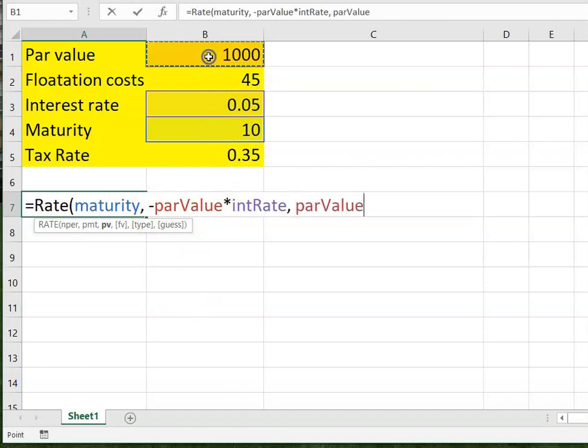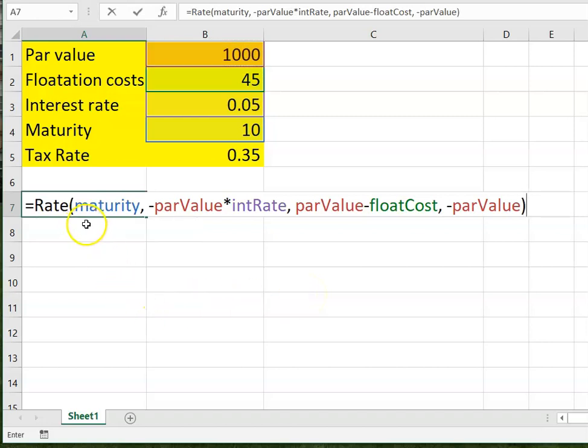I'm getting my par value, except for, again, the investment bankers taking out $45 in flotation costs, and I need to subtract that. Notice this is a positive number. I'm getting this. My future value, unfortunately, is a negative par value. I have to pay that out.